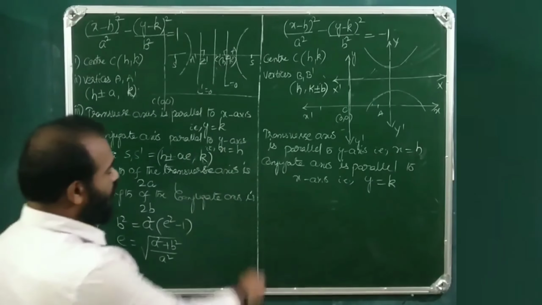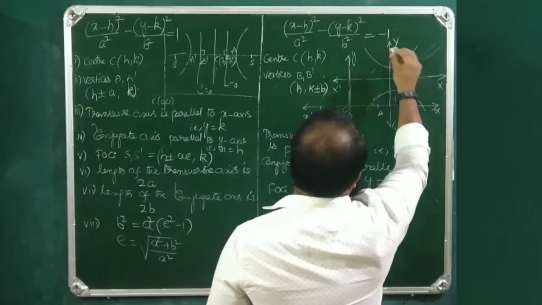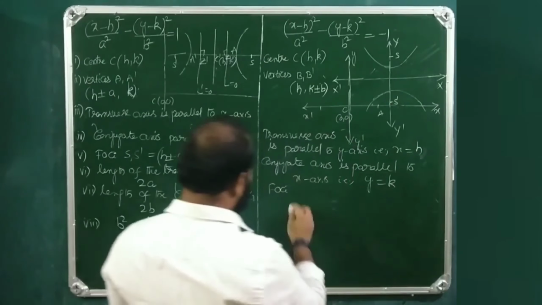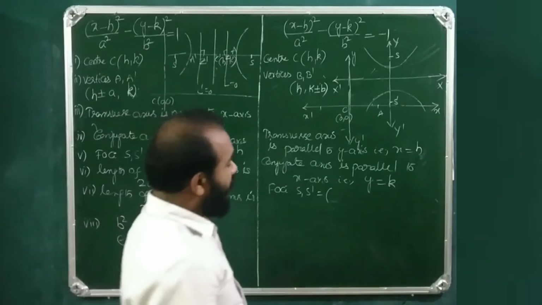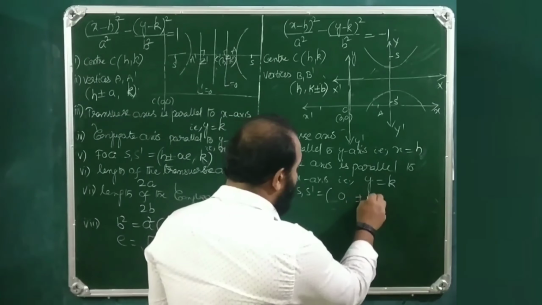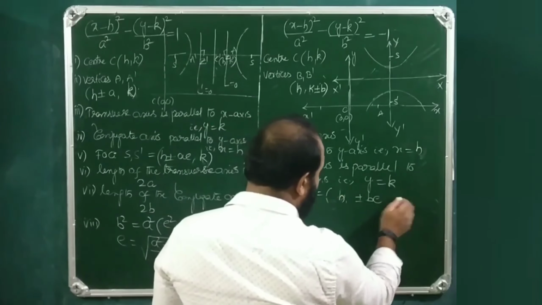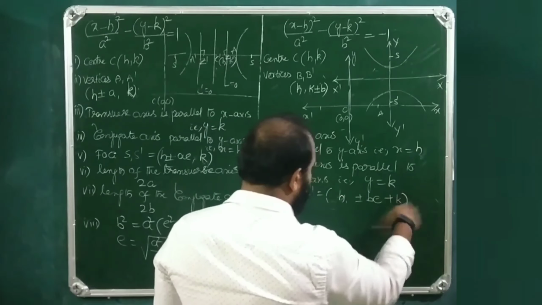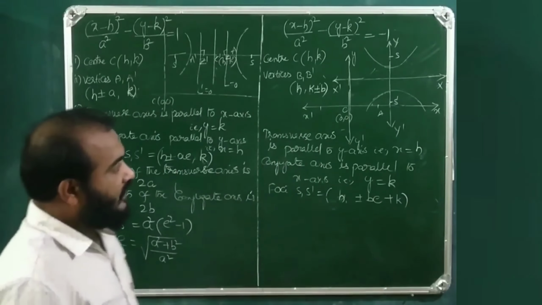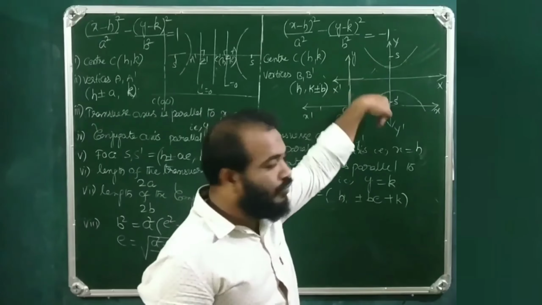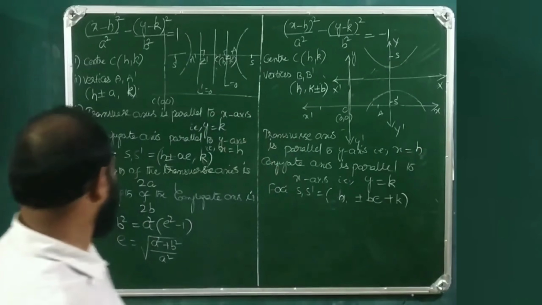Now, foci. So the foci S comma S dash are, earlier, 0 comma plus or minus BE. So with the 0, h would be added, with plus or minus BE, k would be added. Next, the length of the transverse axis is 2B here and the length of the conjugate axis is 2A.